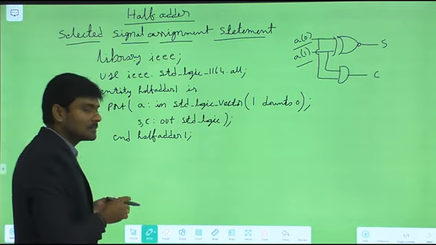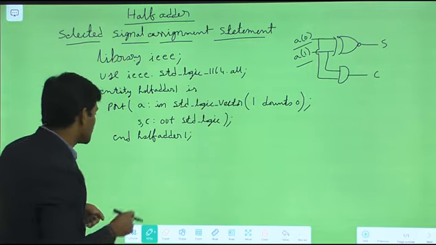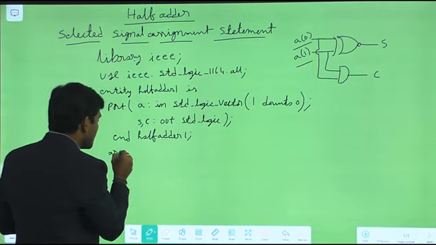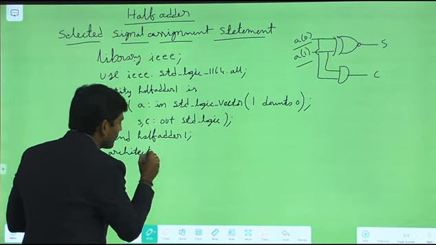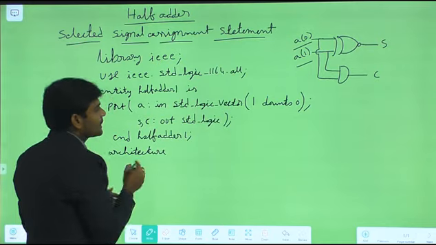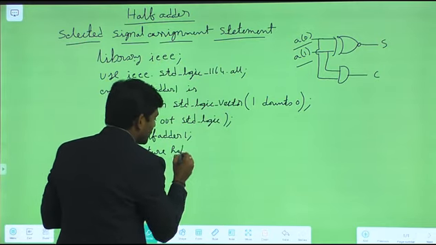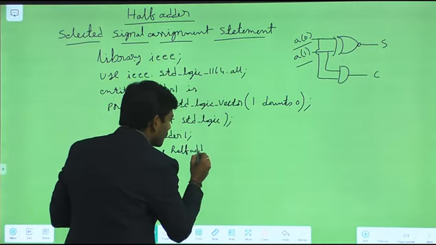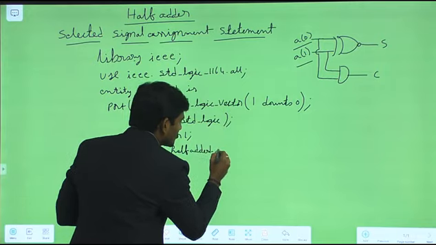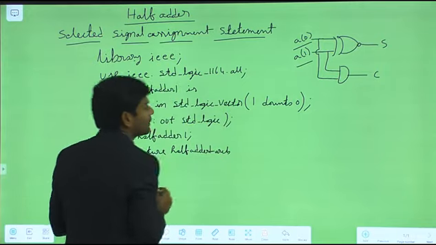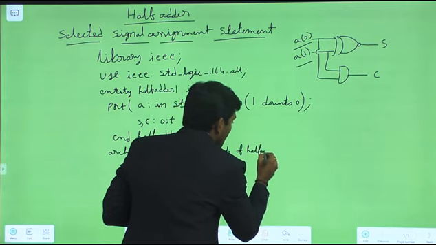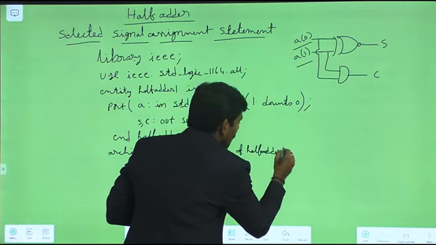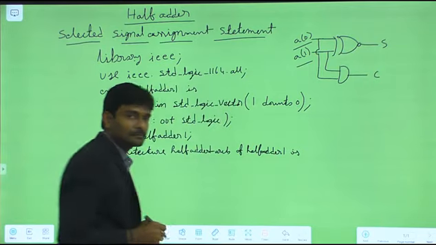Next we are supposed to start the architecture definition, which starts with the keyword architecture followed by the name. As a general practice, half adder 1 underscore arc of entity name half adder 1 is.